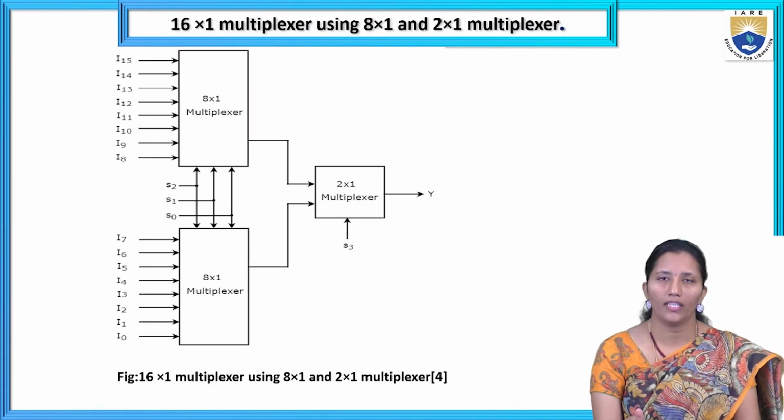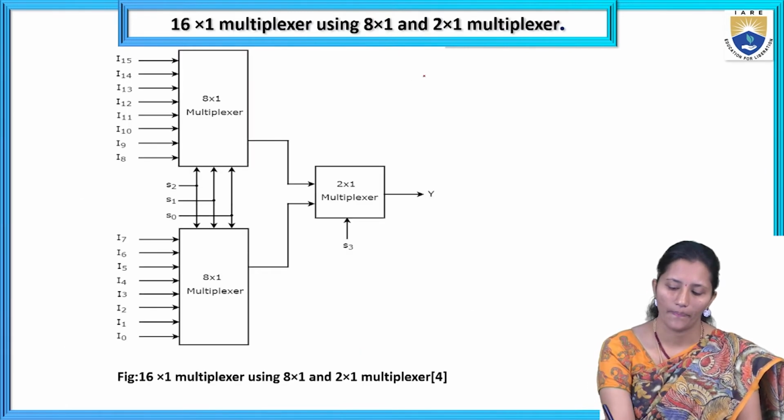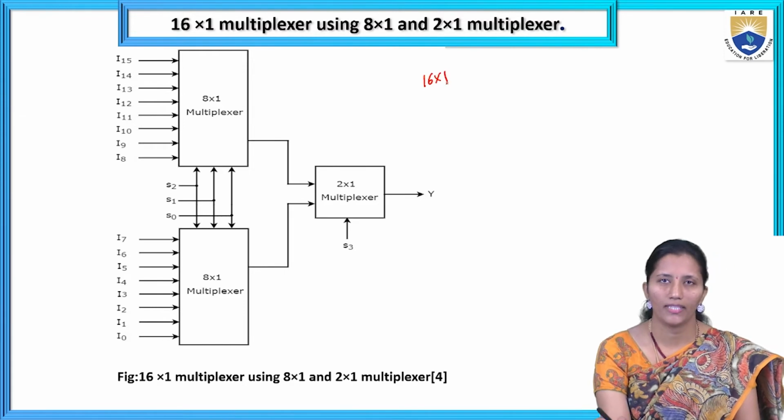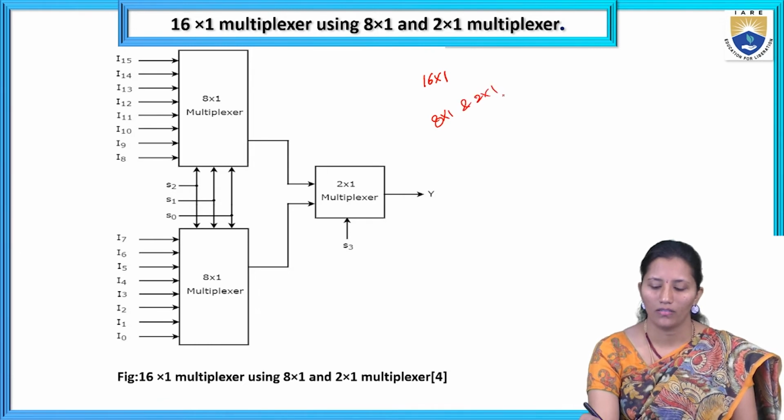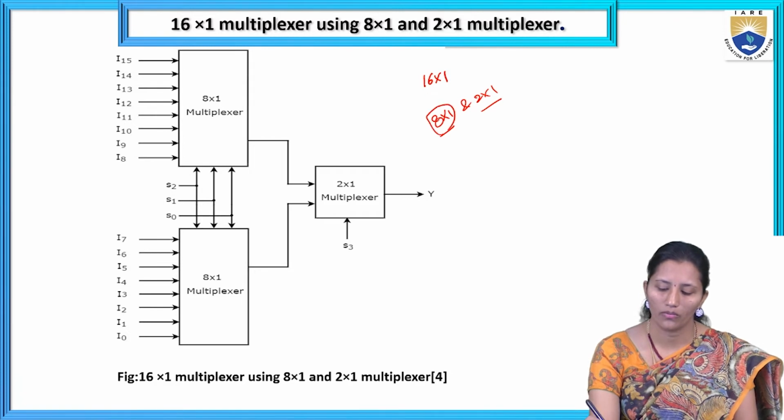So now we draw the 16 by 1 multiplexer. Here we have to implement 16 by 1 multiplexer using 8 by 1 mux and 2 by 1 mux. So here we have to use two 8 by 1 multiplexers and one 2 by 1 multiplexer. Okay.